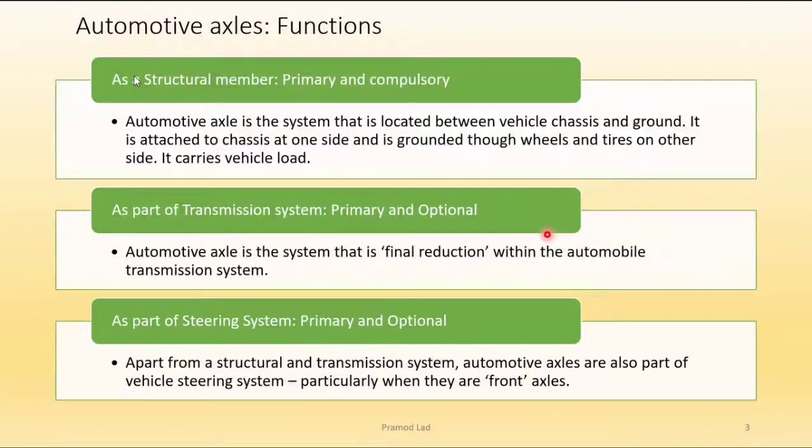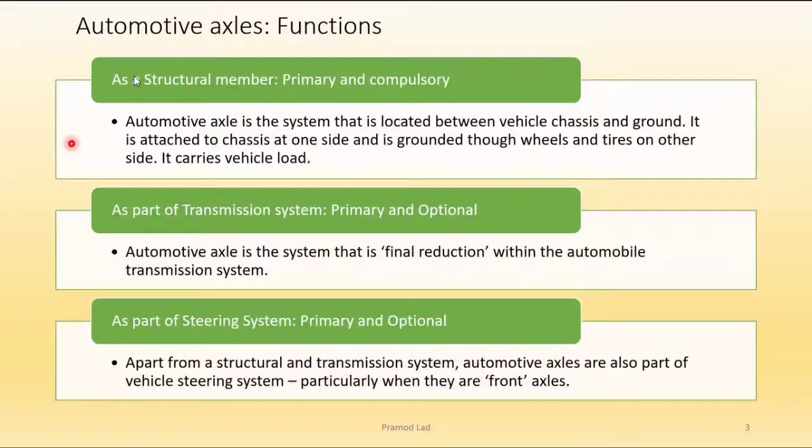So automobile axles primarily perform three functions. The first and foremost important function is as a structural member, and this is a primary and compulsory function of the automotive axle. The automotive axle is the system that is located between the vehicle chassis and ground.